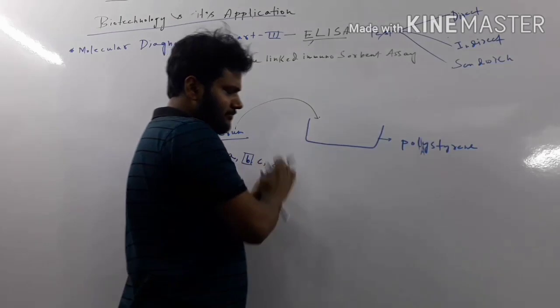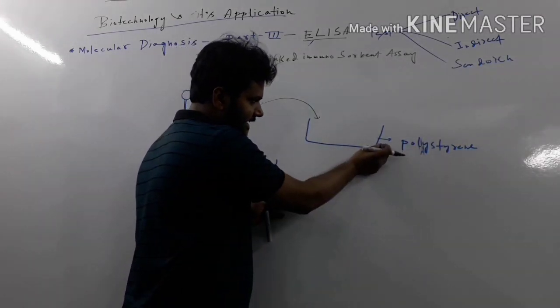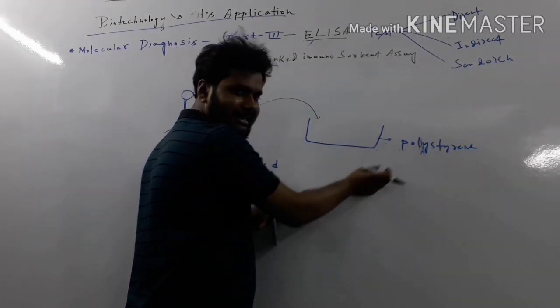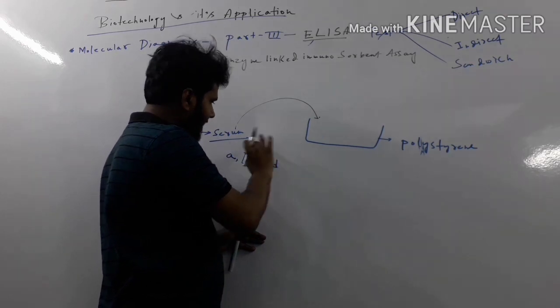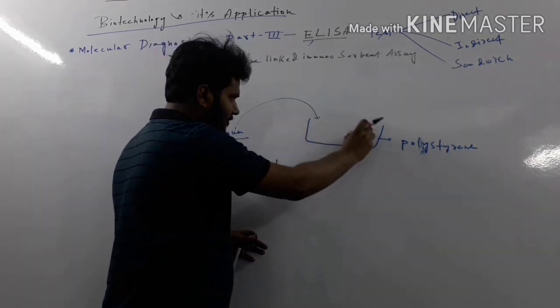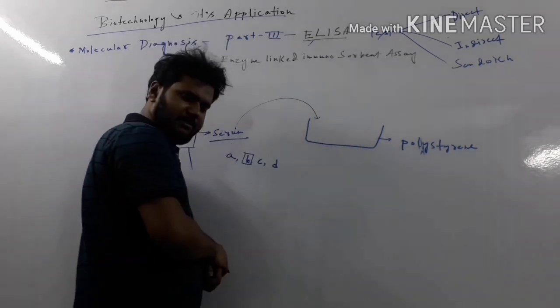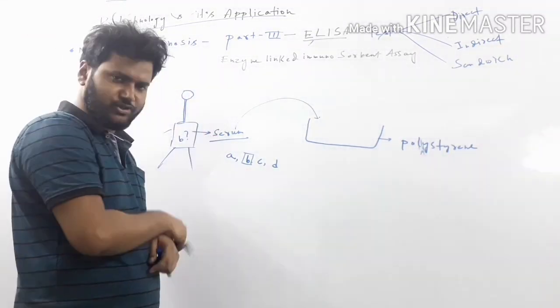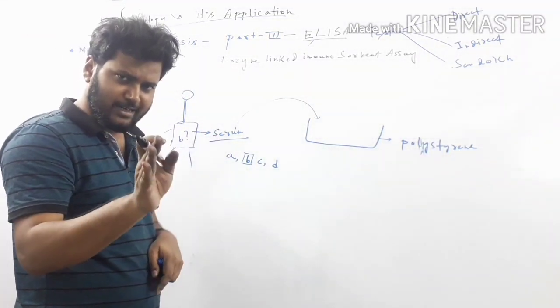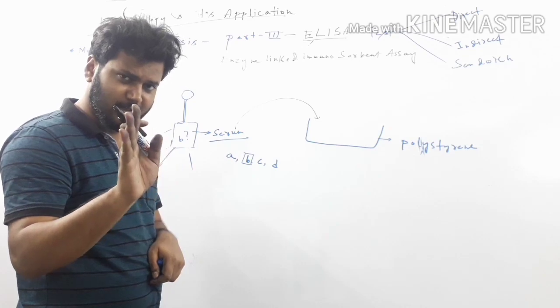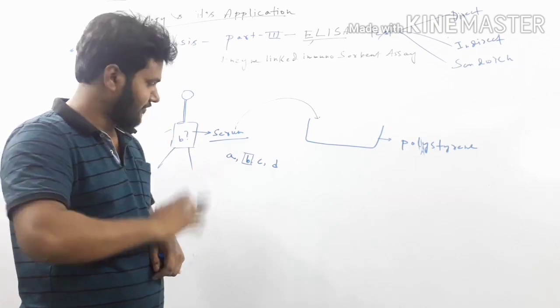This ELISA plate is made of polystyrene, and a sorbent is used here. I have told you earlier that a sorbent helps in adsorption.